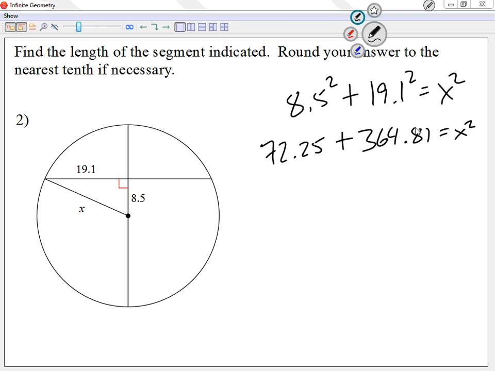So I'm going to get that 437.06 is equal to x squared. So x should be the square root of that. And I get 20.9.